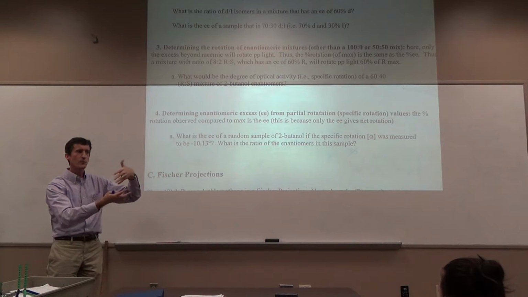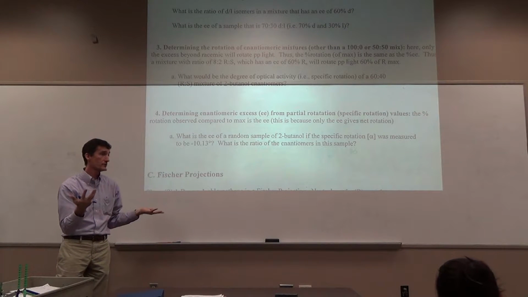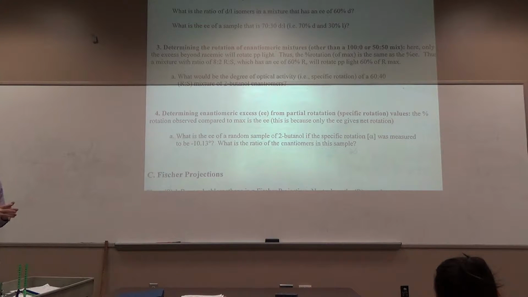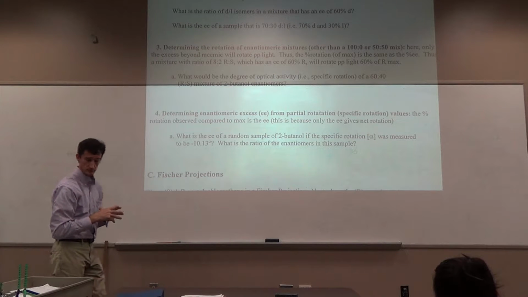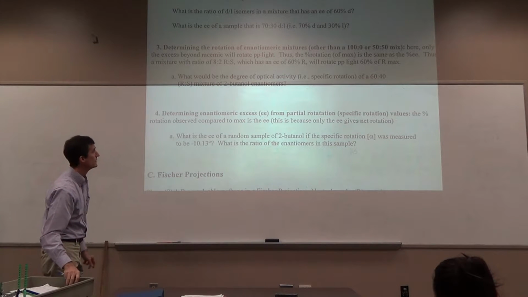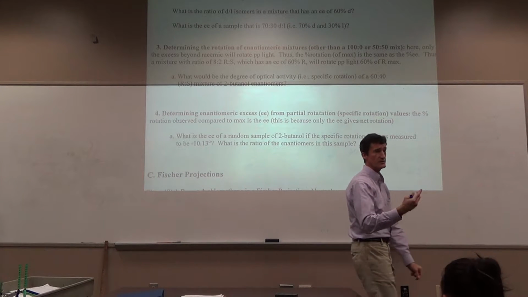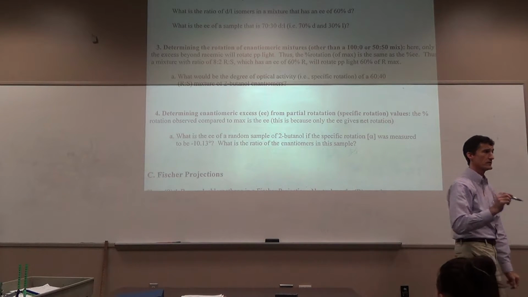Yeah. So at that point, you can call it L-2-butanol, or you can call it R-2-butanol. That's the same compound, once you know how it rotates. But one of those has to come from experiment. The other just comes from how it's drawn on the board.